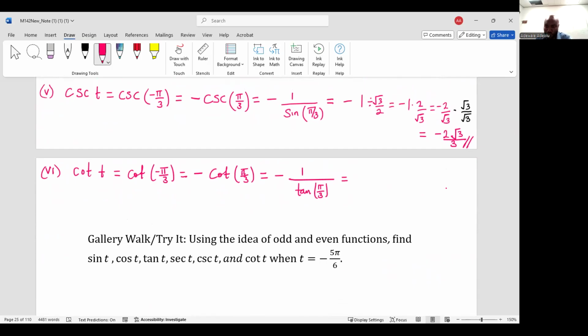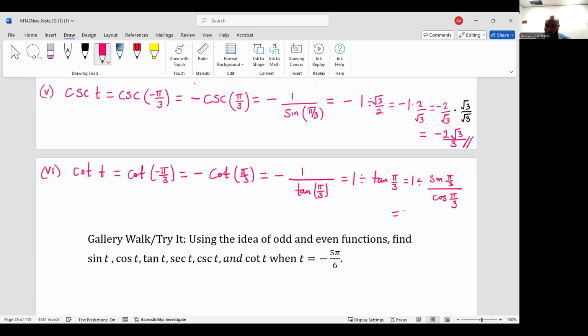So you can see that this is 1 divided by, let us do it this way. It will be easier. 1 divided by tangent of pi over 3 is 1 divided by sine of pi over 3 over cosine of pi over 3. We are just trying to move to what we know.